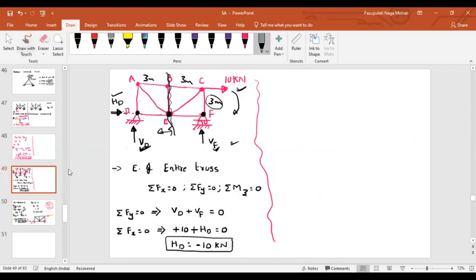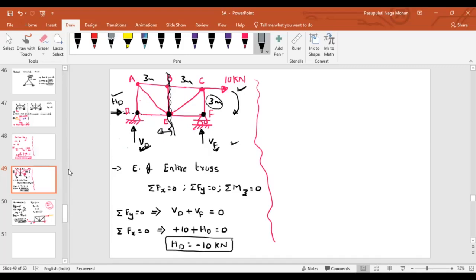Now see, by looking at this truss, as the 10 kilonewton is acting on the right side, I know that at point D it is initially acting in the left direction. But just to show you, I purposely mentioned it on the right side, just so that your visualization should be clear.